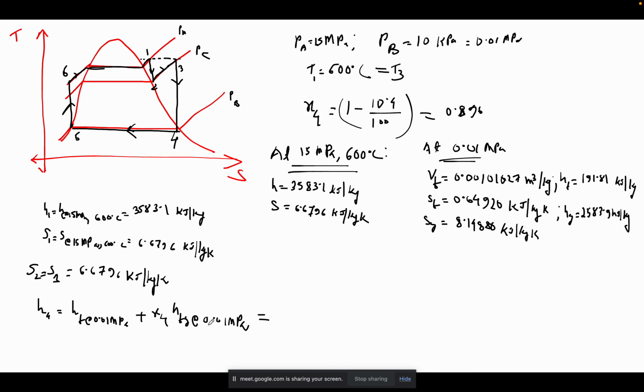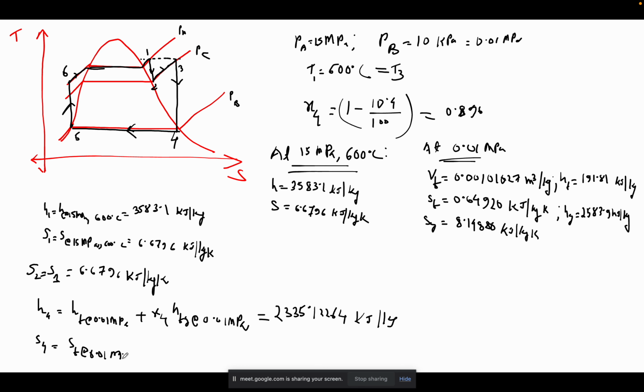So 0.896 into 2583.9 minus 191.81 plus 191.81. So this will be 2335.1264 kilojoule per kg.